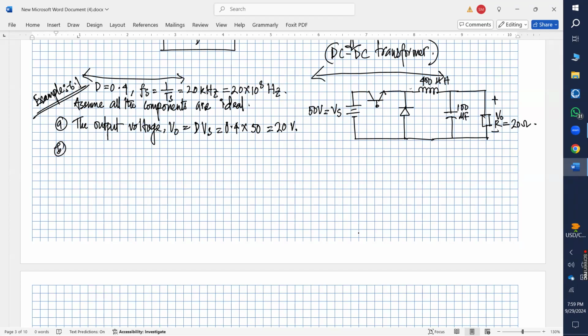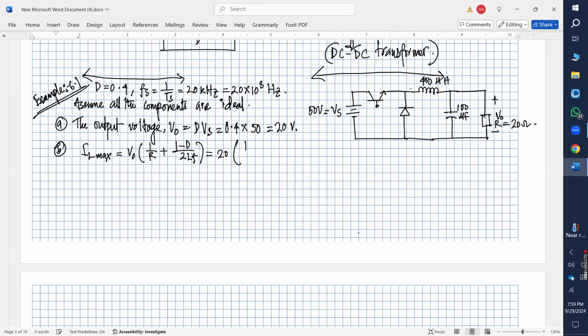Now they are asking about the maximum and minimum inductor current. In the last class, we discussed IL max, which was V naught times 1 over R plus 1 minus D divided by 2LF. So if you put this value, your output voltage is 20.